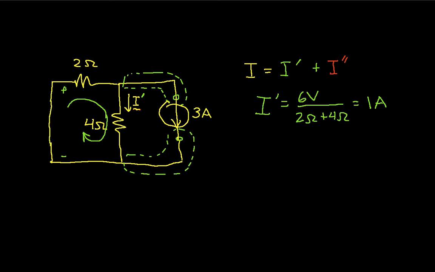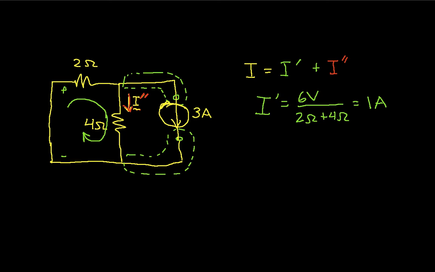The idea here is that the voltage across this voltage source will be 0 no matter how much current is flowing through it. So that's basically a short circuit. Okay, so now I have my 3 amps, and I want to find the current I double prime. That's the current still flowing down through the 4 ohm resistor.